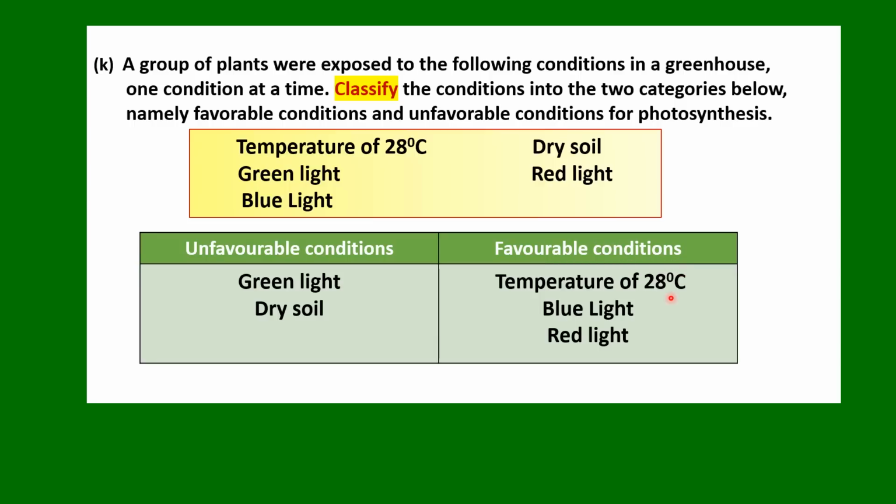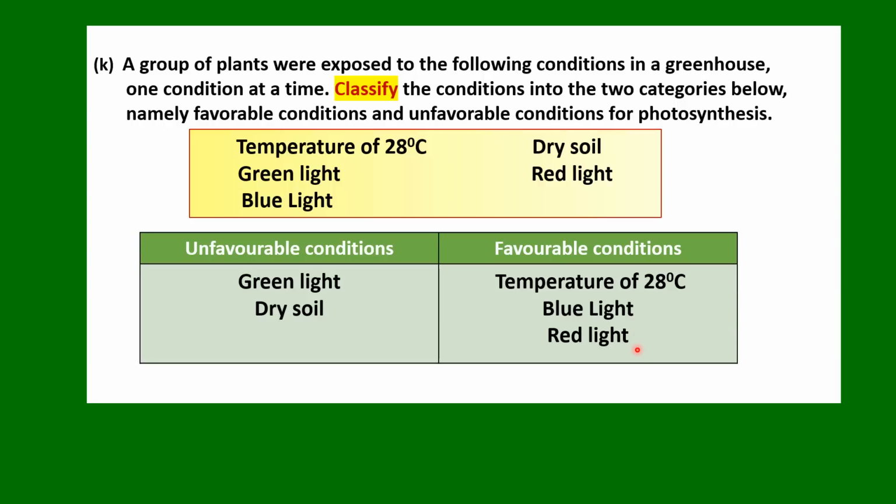On this right side, temperature of 28 degrees Celsius. This is the optimum range. The optimum range of temperature for the highest rate of photosynthesis is around 25 to 30 degrees Celsius for most plants. So this falls within the range of the optimum temperature. So this is a favorable condition that will allow the photosynthesis rate to increase.